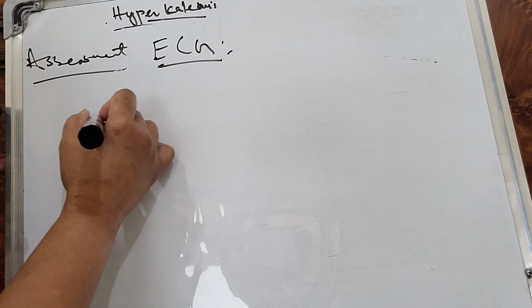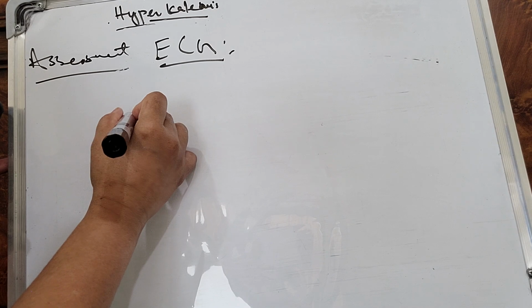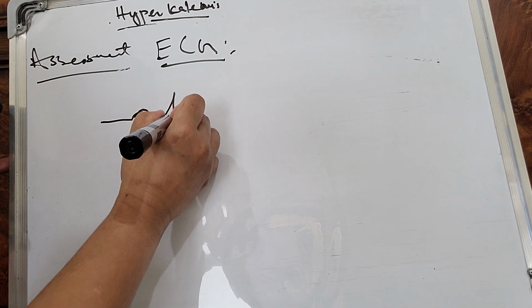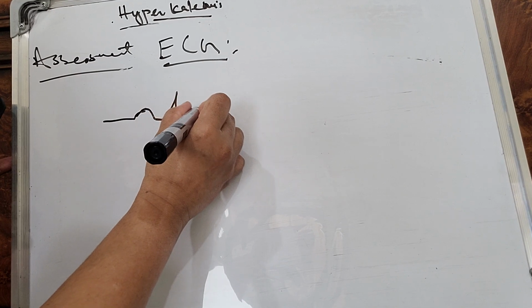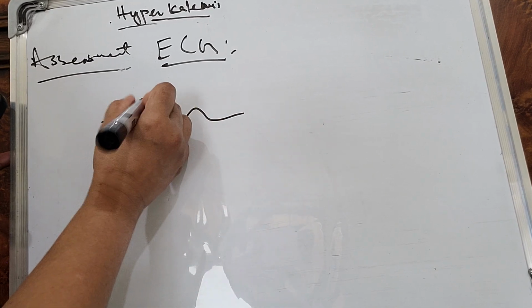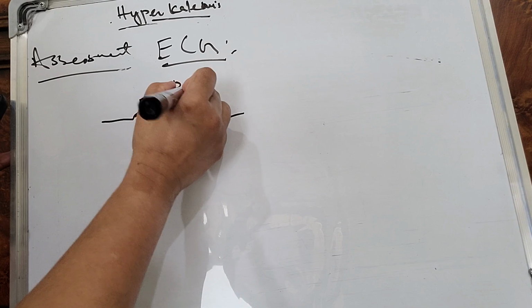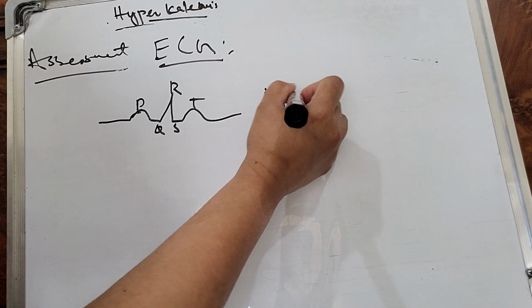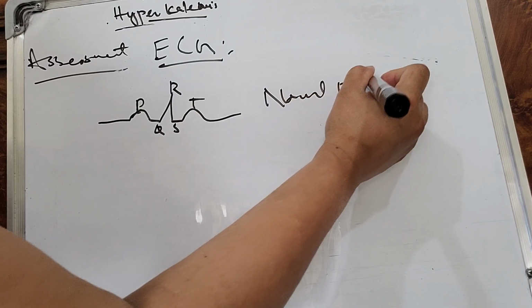First I will draw a normal ECG pattern: P, Q, R, S, T. This is the normal ECG pattern.